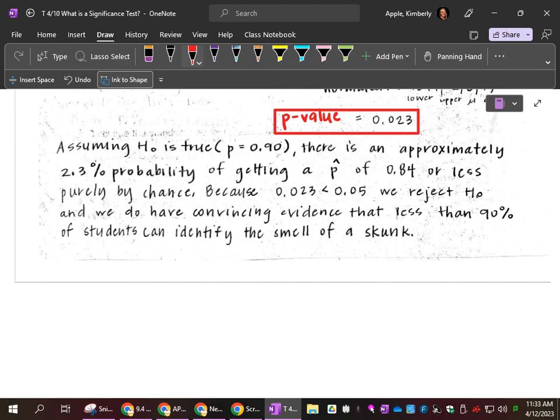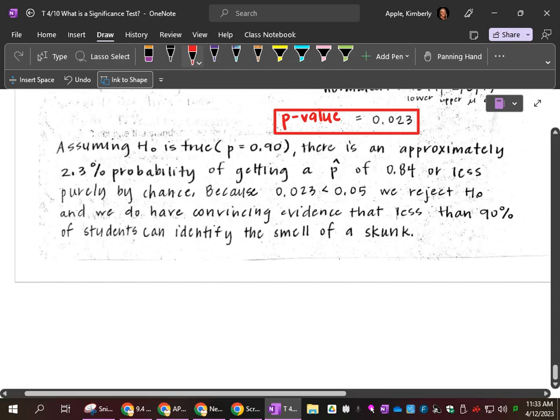There is an approximately 2.3% probability of getting an observed value, or p-hat, of 0.84 or less. That's the more extreme, right? Purely by chance.